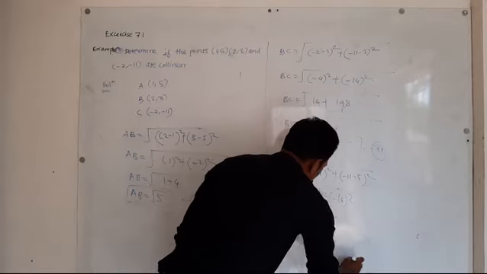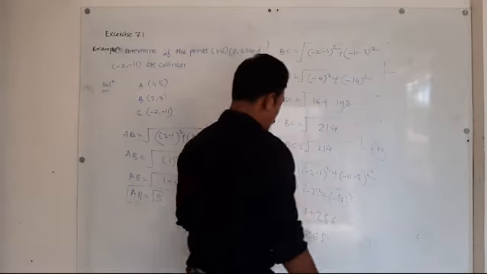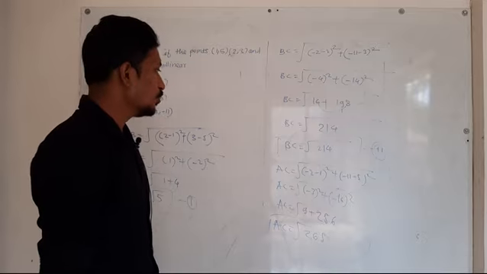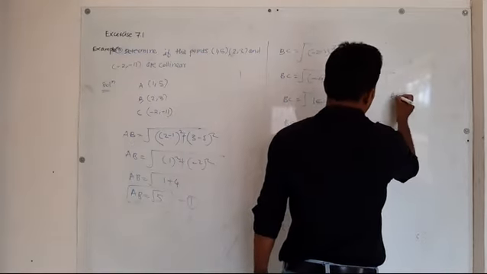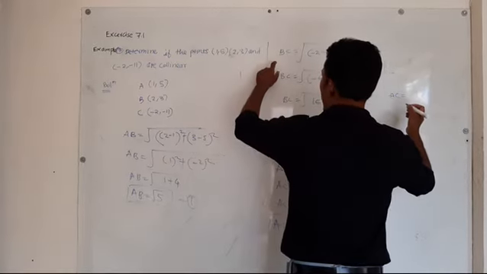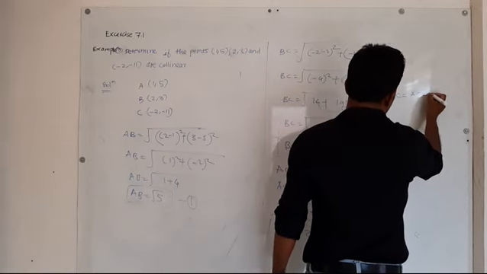AC is equal to root 265. In this here, the largest distance is what? AC, that is root of 265. Then AC is equal to what? AB plus BC.